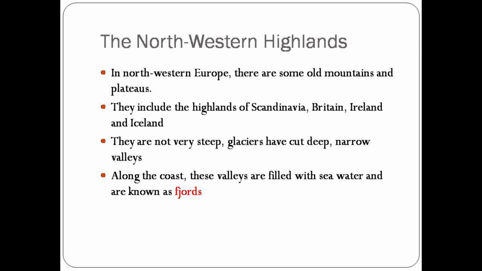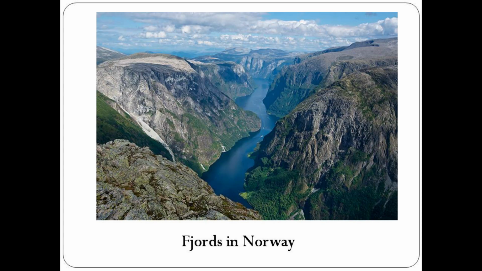Glaciers have cut deep, narrow valleys in the northwestern highlands. Along the coast, these valleys are filled with seawater and are known as fjords. Dear students, here is a picture in front of you. It tells you about the fjords in Norway. It's a long, deep, narrow body of water that reaches far inland.